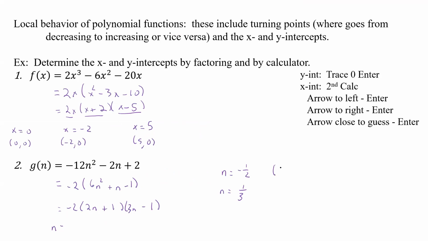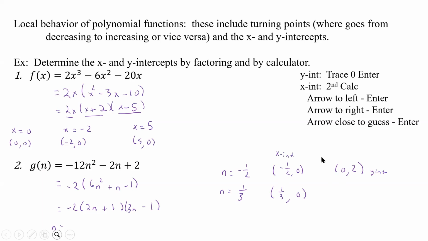And so that gives me a -1/2 zero intercept, and this one gives me the 1/3 zero intercept. Okay, so those are my intercepts for that. Now if I plug in 0 for n, I get 0, 2 for my y-intercept. So these are the x-intercepts, and that's the y-intercept.